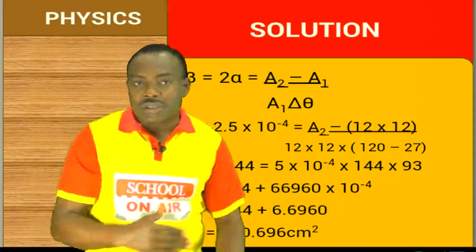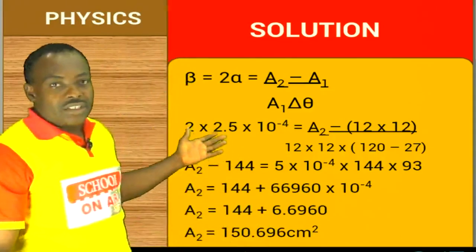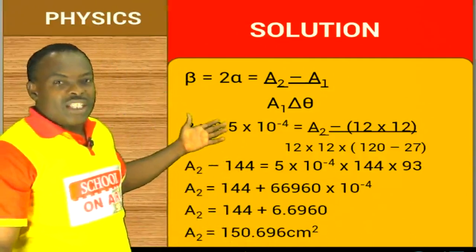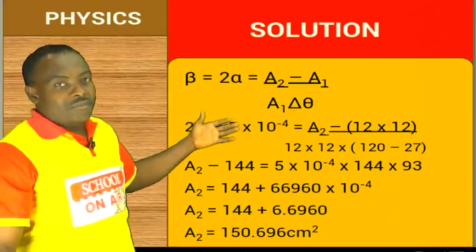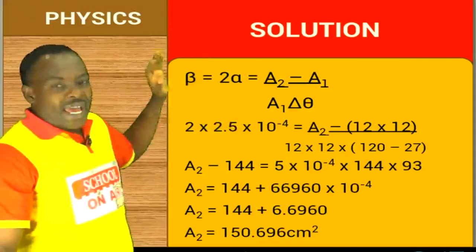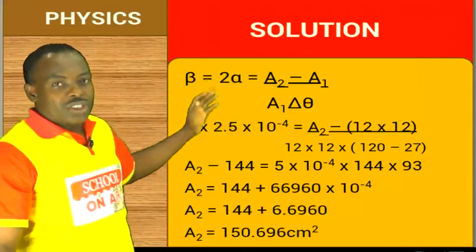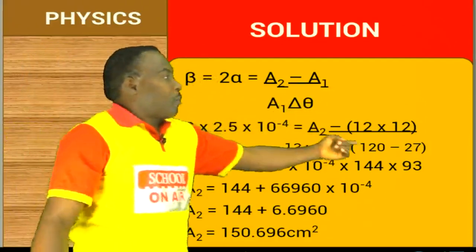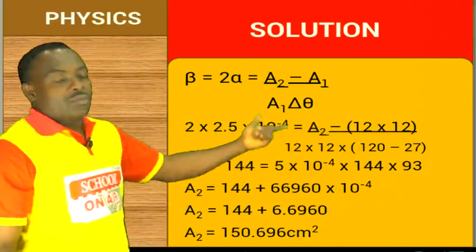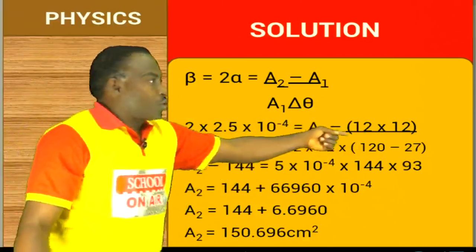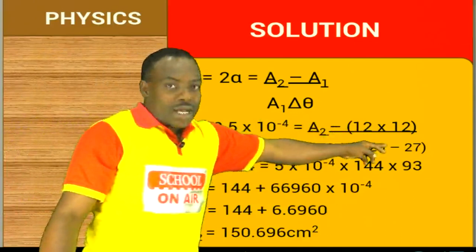I believe this gives us a sort of insight into what we need to do if we are to calculate the area expansion in any material. It is as simple as this. It is highly related to linear expansivity with some little differences, like knowing what to do here. In case you are given that the shape is rectangular, you should know that you cannot duplicate it like this here.